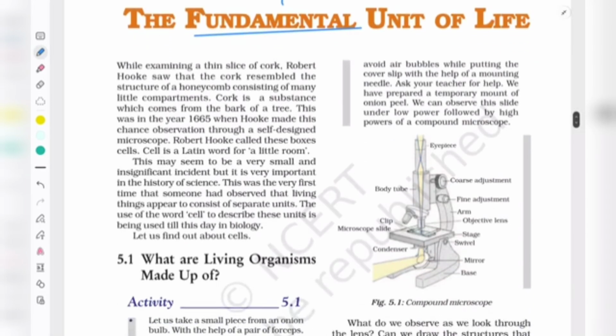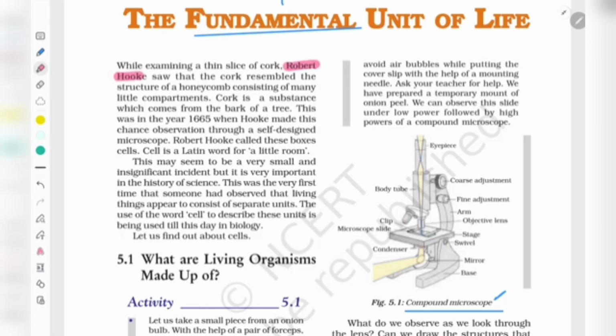But are you aware of the fact that earlier the microscopes were not there? So before the discovery of the microscope, no one was even aware that there is something called a cell. Does it make any sense? So for example, earlier all the humans, none of them were aware of any small particle. Then there came this scientist, and his name was Robert Hooke.